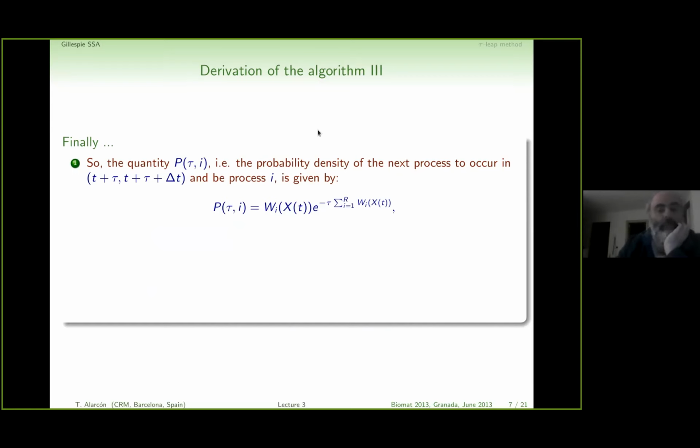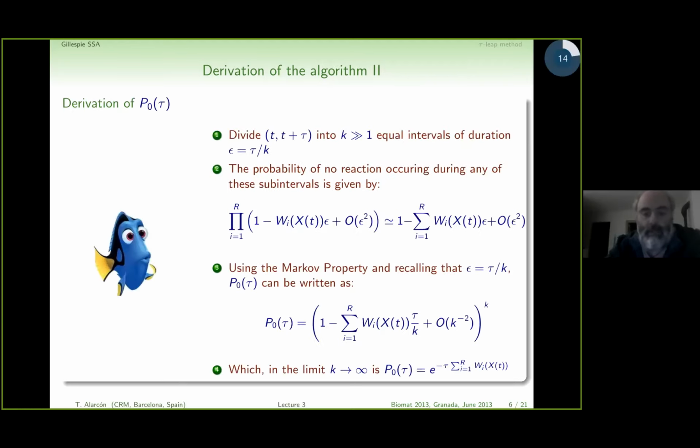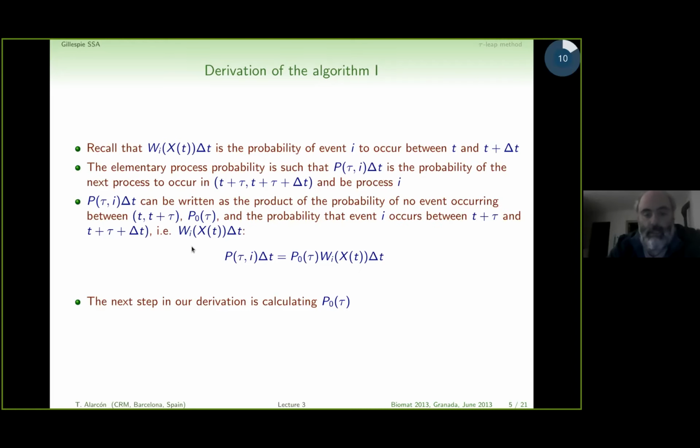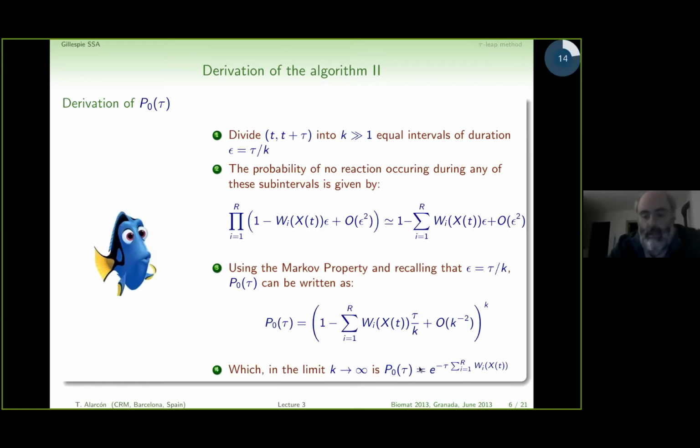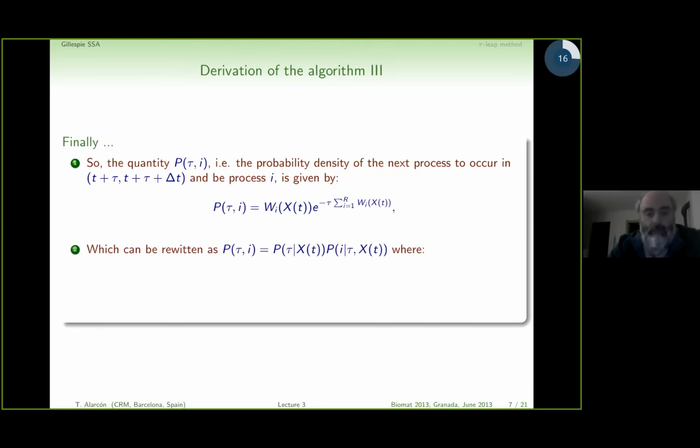With this, we have that this probability, which we remind is the probability that the next event occurs after a time tau in an infinitesimal interval of length delta t, is given by this combination. Basically, we have used this definition here, and now we use the p of tau.